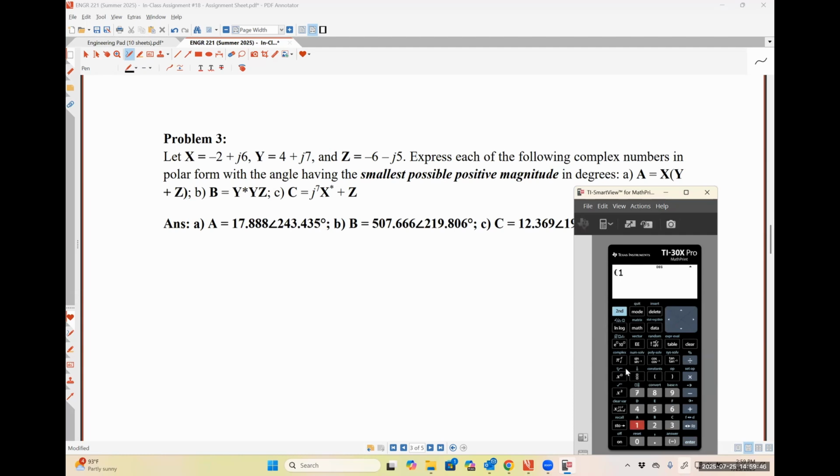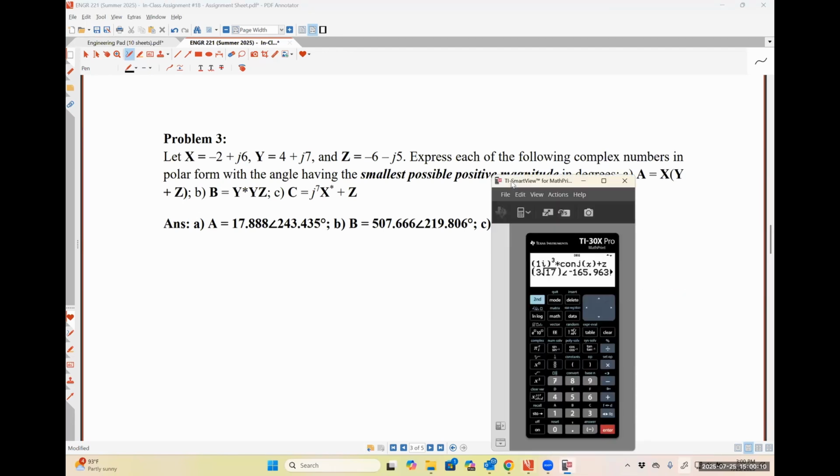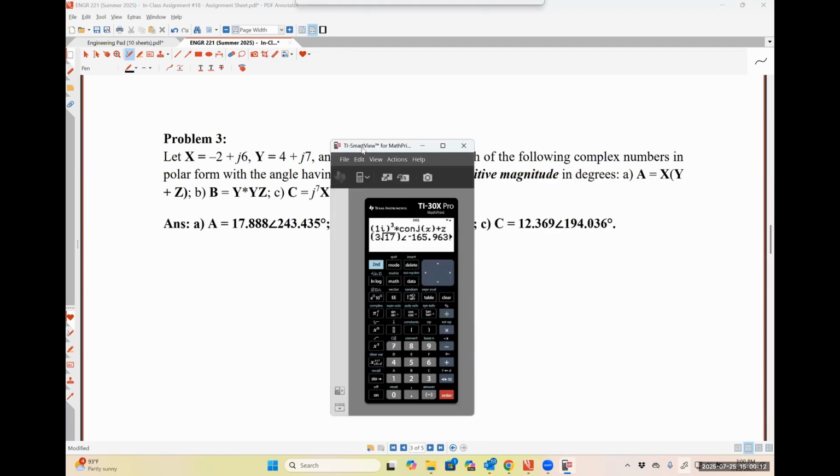So 1i to the 3rd power multiplied by the conjugate of x plus z gives me 3 square root of 17, with an angle of 194.036.